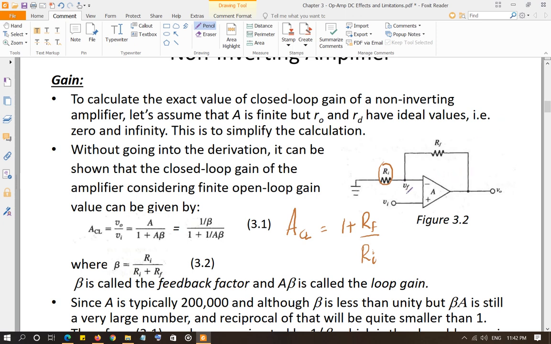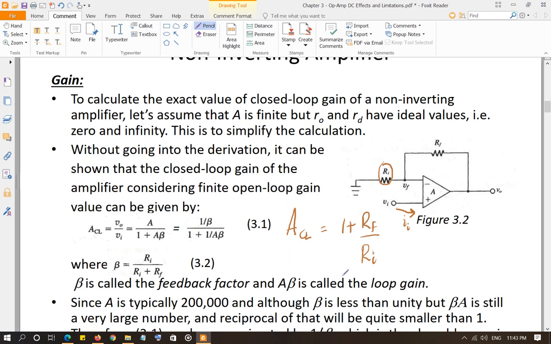The input resistance of the non-inverting amplifier is infinity, because input resistance means input voltage divided by input current, and because no current flows into the terminals of the operational amplifier, Vi over I input is infinity. They're calling it Ri, so I'm just going to go with Ri. Generally we call it R1, but it doesn't really matter.